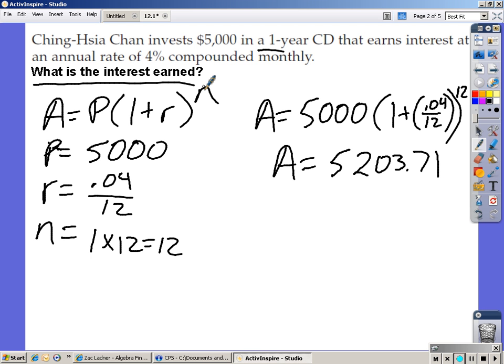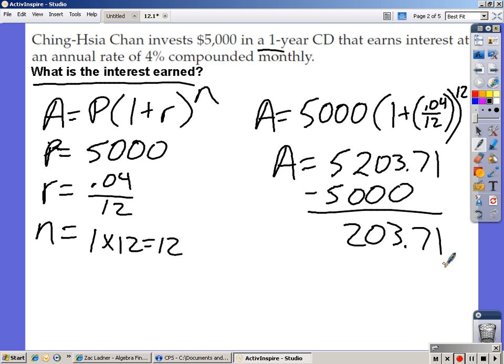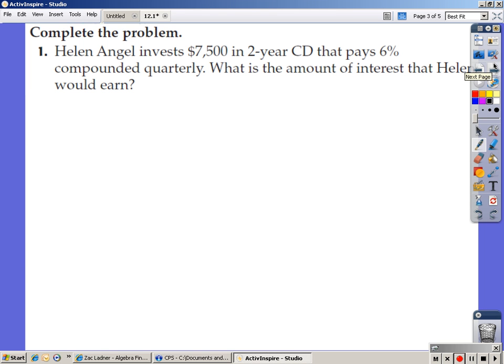Well, if this number here is the total amount it's worth, subtract the original amount that you invested, and the interest the CD has earned is 203.71. All right. Let's go to the next page and try problem number 1.